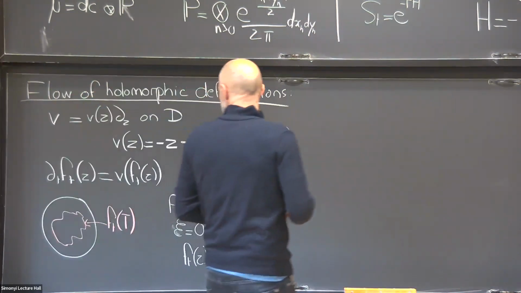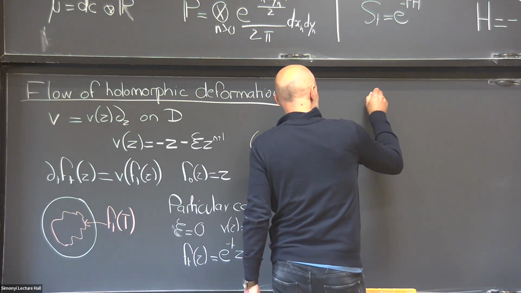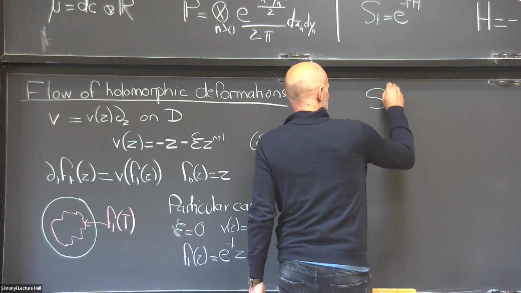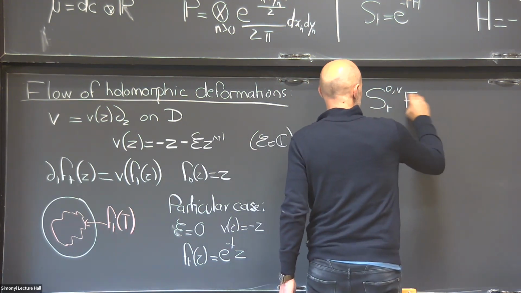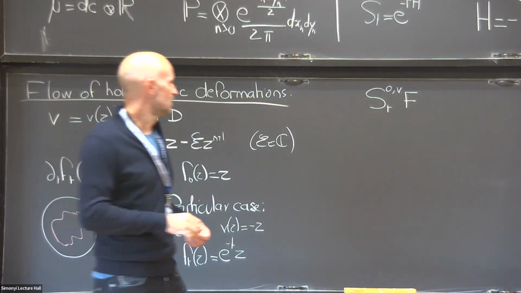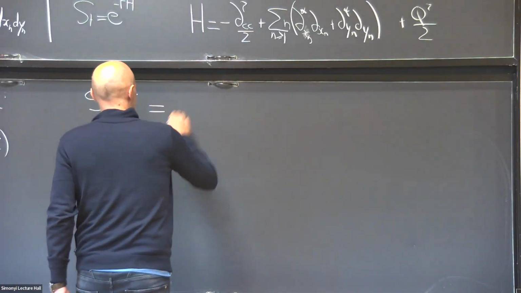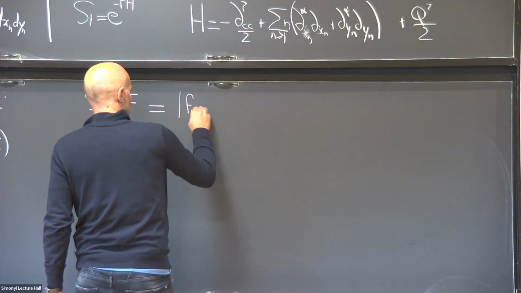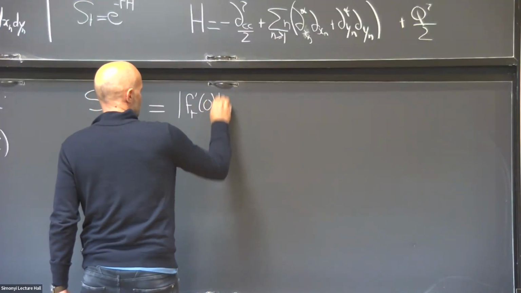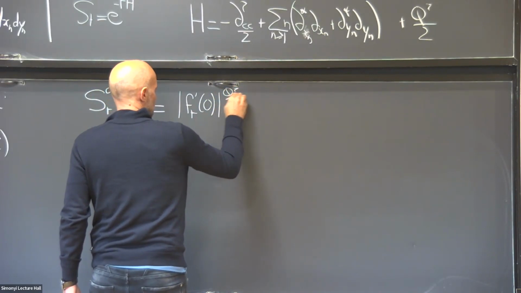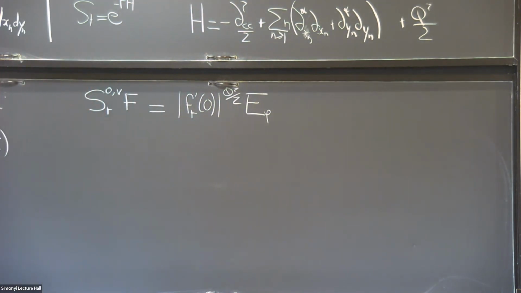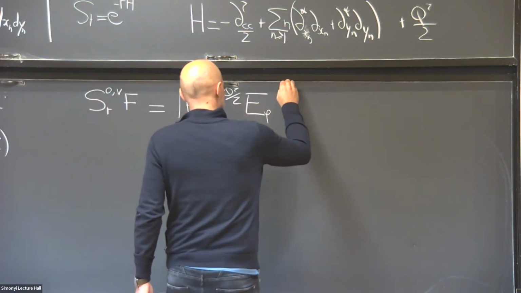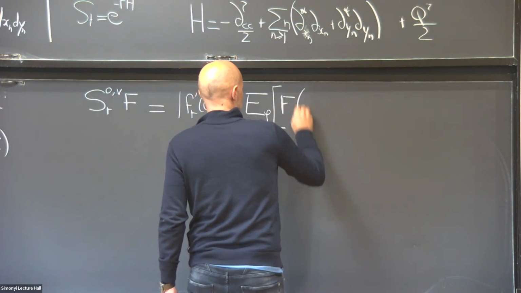So I want again to define a semigroup with this guy that will depend on V. So f is again a test function. And I will form the expectation with respect to the Dirichlet GFF here of f.